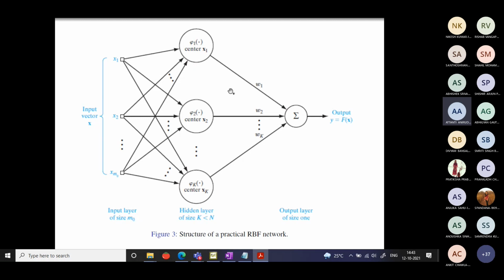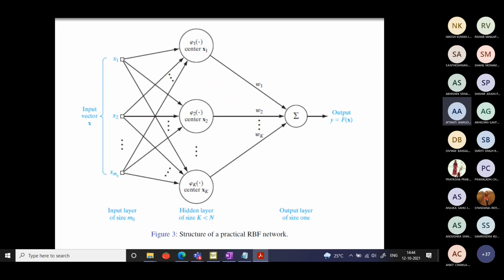Now the question is, how do I find this W? That is still left. That is the weight space, and we said that once we map the input vector to the hidden space, the mapping from the hidden space to the output is basically linear. So we have to find some technique, either the least square approach, which is very simple to go for. That is a linear filtering problem.